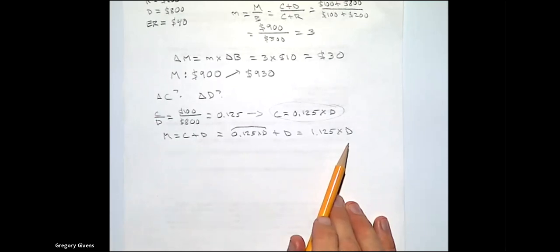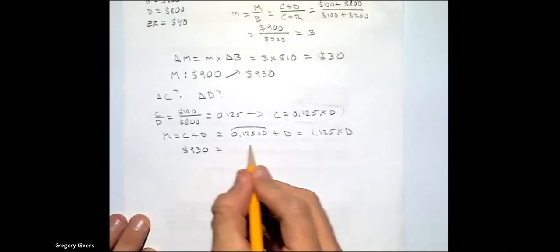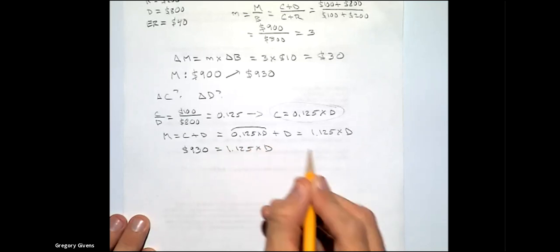Why? Because I know how much the money supply has changed by, so I should be able to figure out how much deposits are going to change by. The money supply changed by what? It was 30 billion, right? So the new money supply is 930 billion. That should be equal to 1.125 times whatever the new value of deposits is.